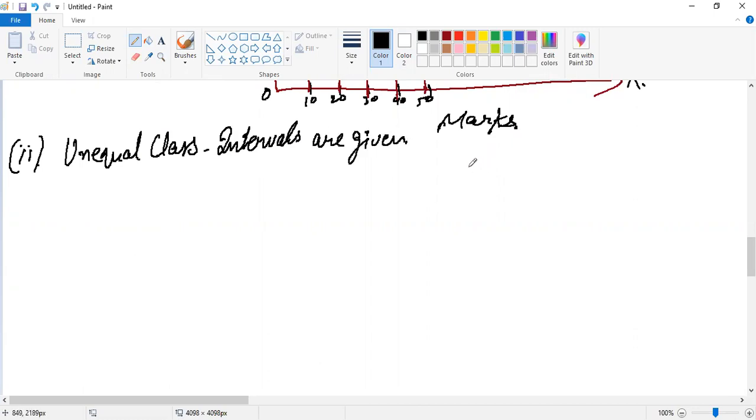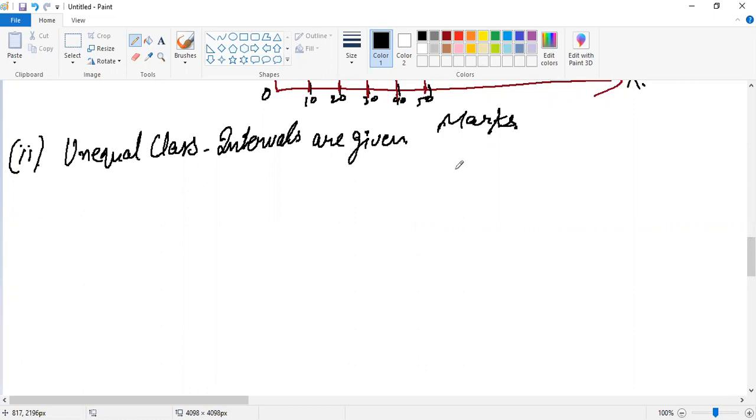In case of unequal class intervals, frequencies are first adjusted before constructing the histogram. So the frequency distribution is adjusted in accordance with equal class width.